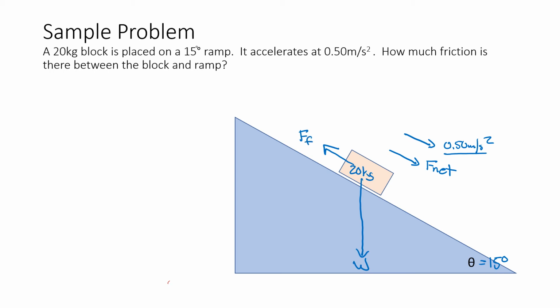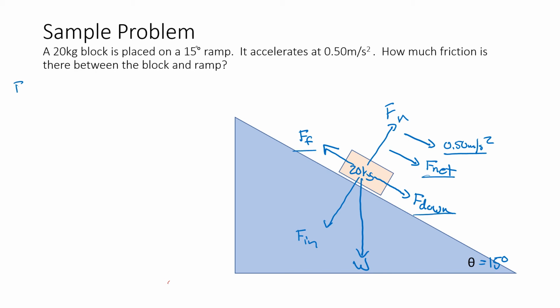F_net is going down, and we can split that gravitational force, that weight, into an F_down. We also have an F_n, but it's not going to be necessary for this problem because F_n is completely canceled out by the normal force, right? Those are balanced out. We don't need to worry about them. So the only things we really need to worry about are F_net, F_down, and F_f.